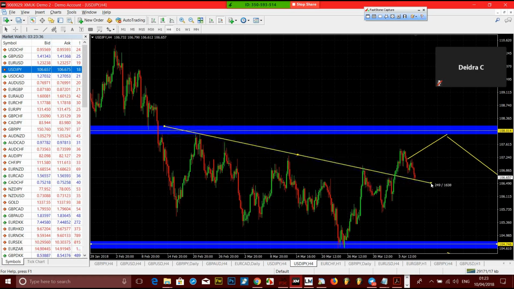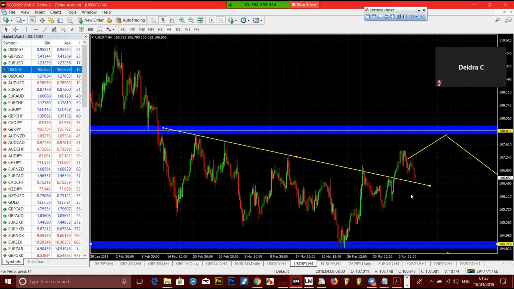Well, I could still take it. So if I decide to take this, then, let me take this one. Yeah, so it means I still have a little bit of room for this to come back and test this, because it broke out of it.